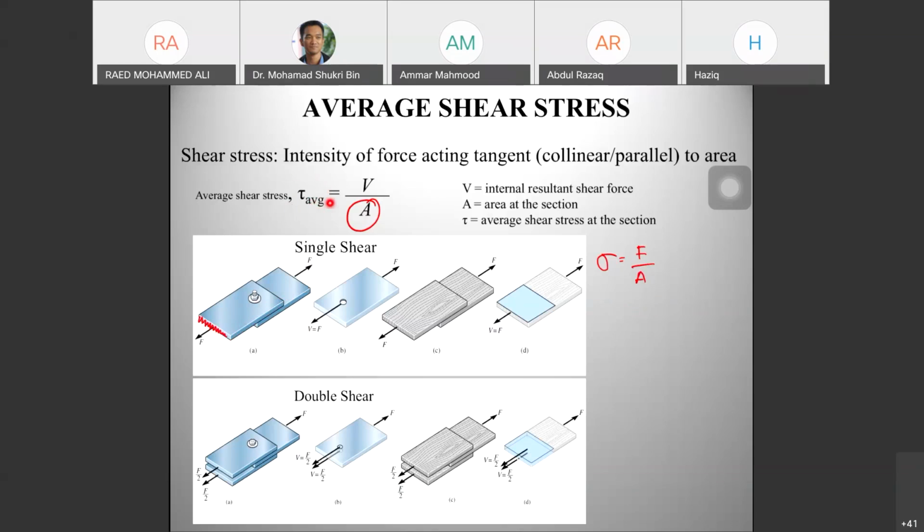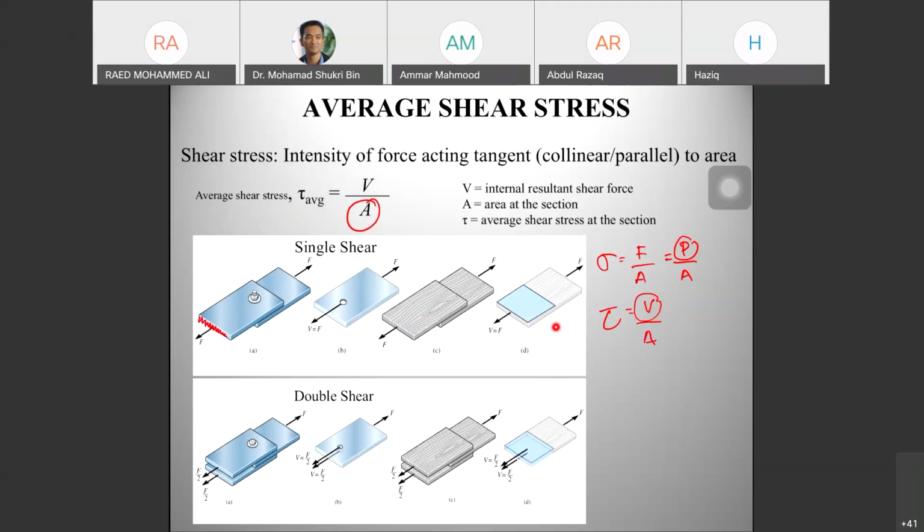Tau equals V over A. For the normal stress, we use P over A; for the shear stress, we use V. The meaning is the same, only the symbol differs. V is the shear load and P is the normal load. The unit is the same, Newton.